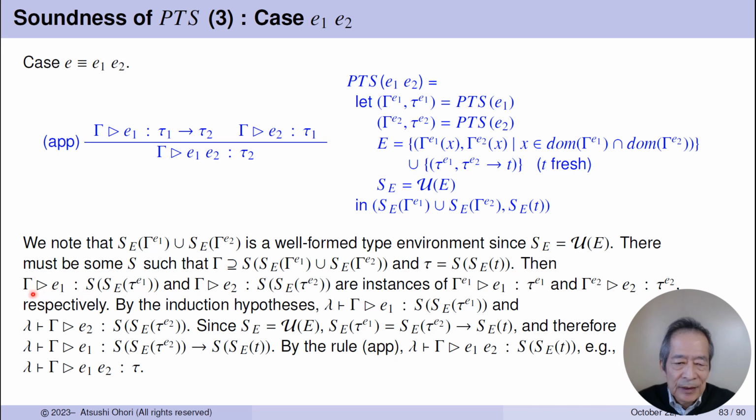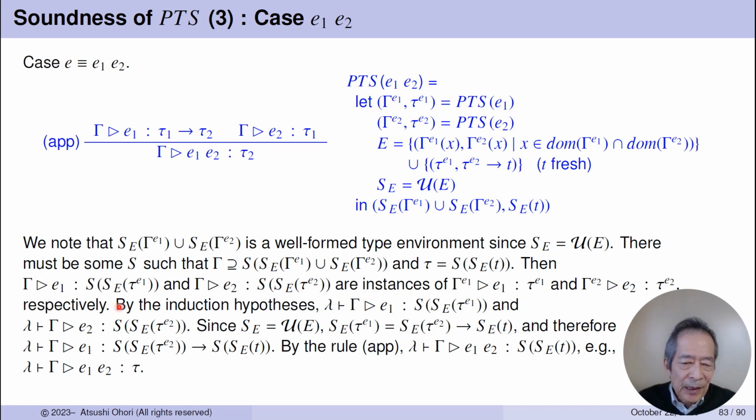Then this typing and this typing are instances of this typing and this typing, right?